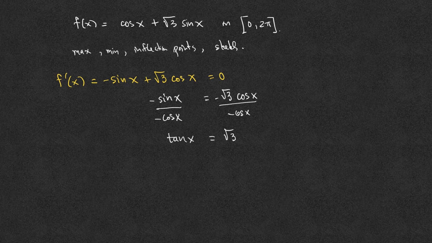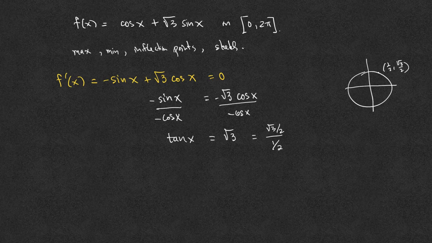Positive square root of 3 can be written as root 3 over 2 over 1 over 2, and so tangent of root 3 occurs at x equals 1/2 and y equals root 3 over 2. There is another point in the third quadrant as well.